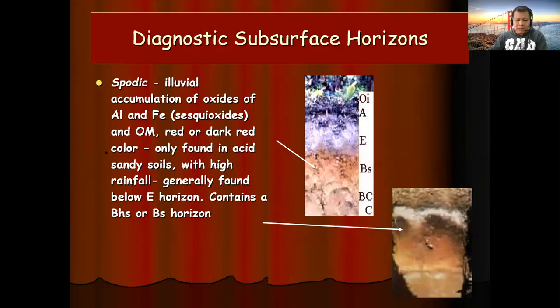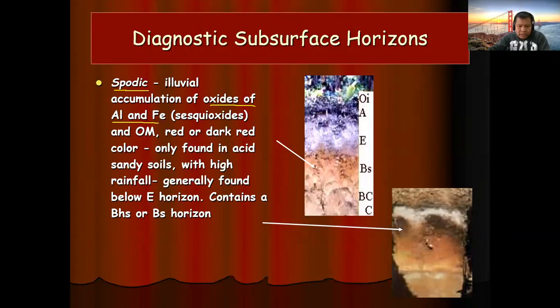Another example, you have the spodic. Spodic is the illuvial accumulation of oxides of aluminum and iron. Meaning to say, there is iron oxide and aluminum oxide, and these are called sesquioxides. Okay?